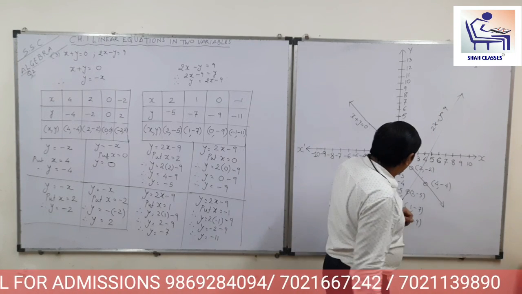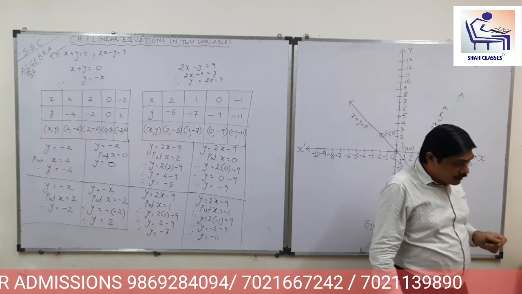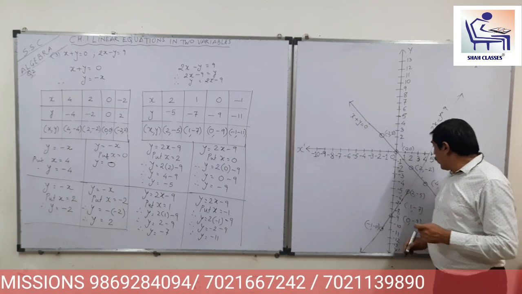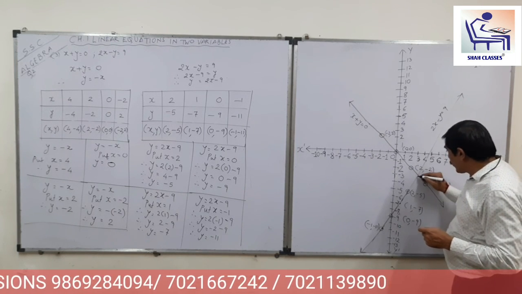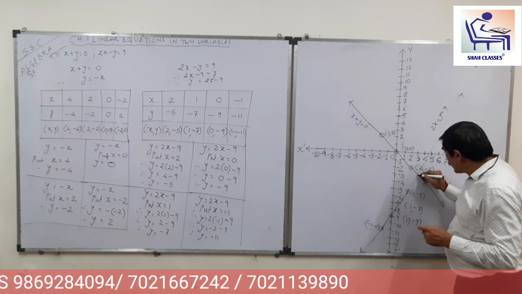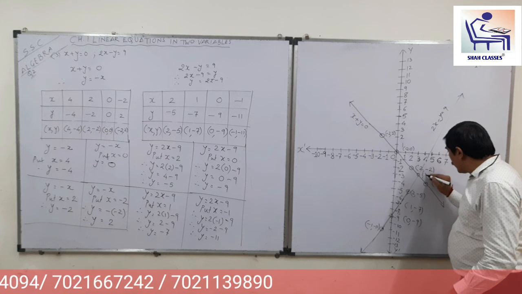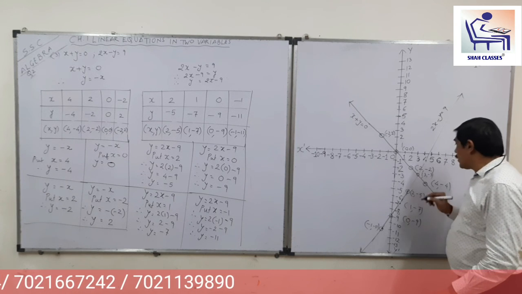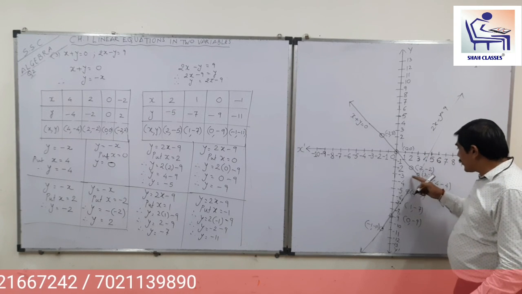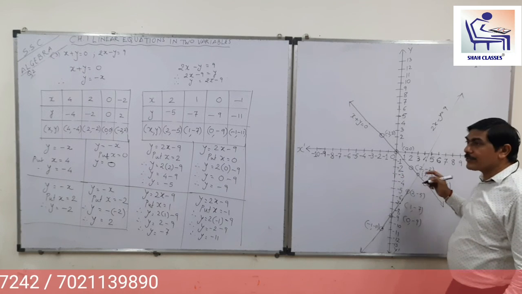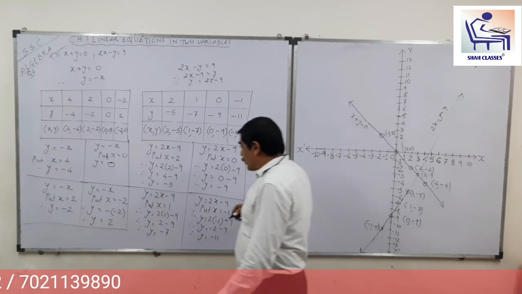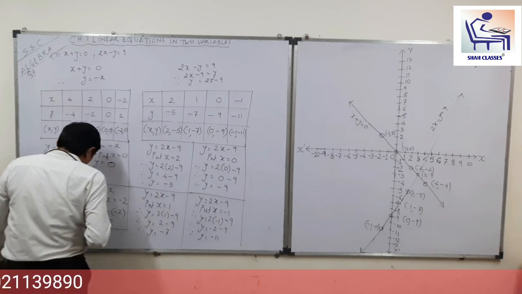Now we have to check the point of intersection. See the point of intersection. Your point of intersection is 3 on the x-axis and minus 3 on the y-axis. This is your final answer. So we have to write the final answer.